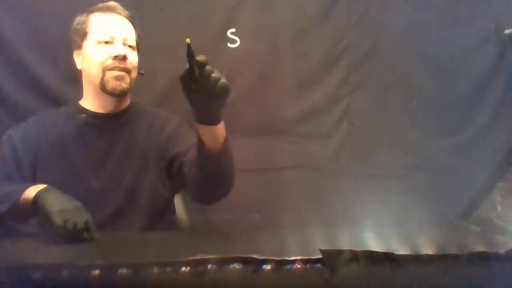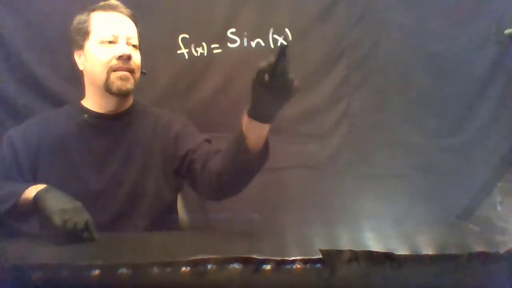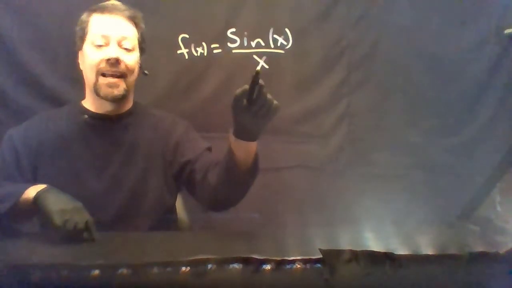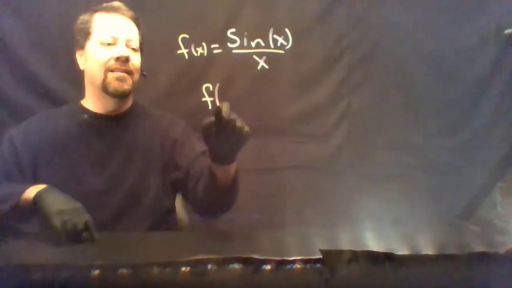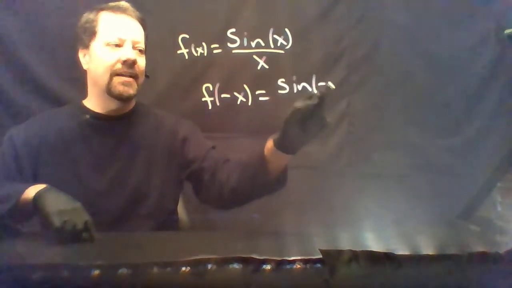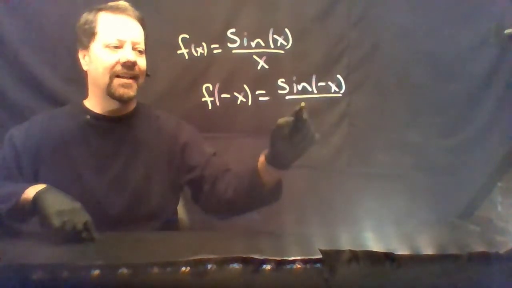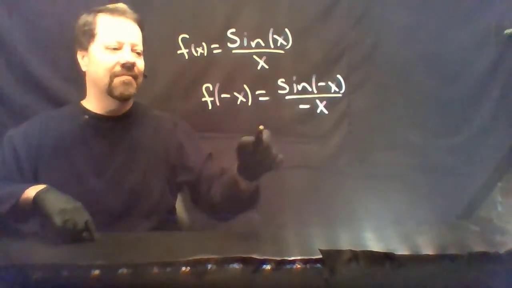Now, back to our proof. We're dealing with the function f of x equals sine of x over x, and I claimed that this function is even. We can prove this by substituting minus x for x everywhere in the original function.